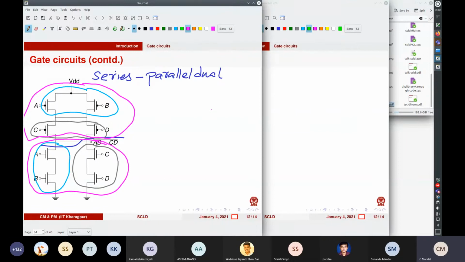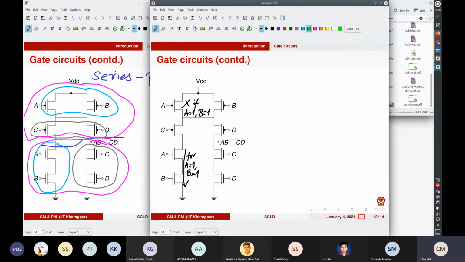By the way, this, as you can see, is called an AND or invert, that is for AND or invert gate.